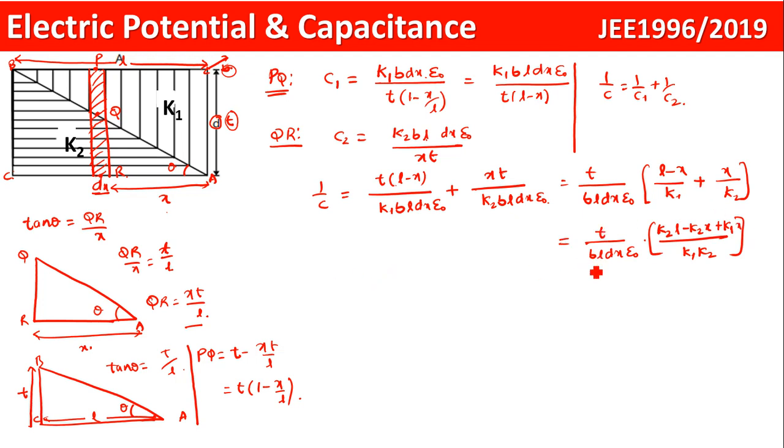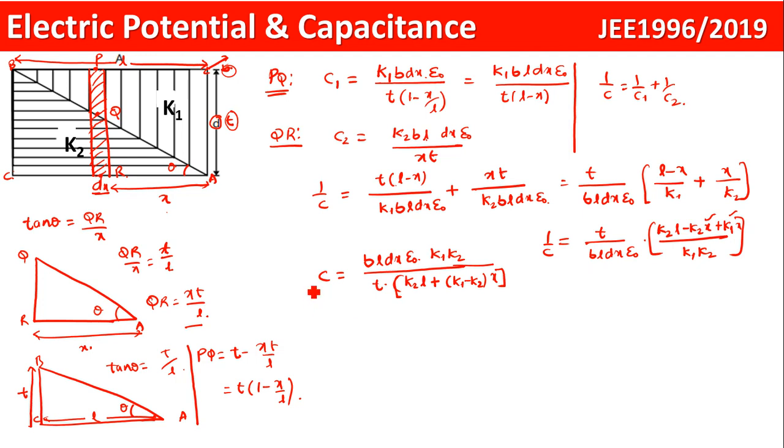Now see, if I write capacitance C instead of 1 by C, that will be equal to BL dx epsilon naught into K1 K2 divided by the thickness into this term. Let me take x common in both of them, so that will be K2L plus K1 minus K2 into x, isn't it? So I have just taken the reciprocal of it, that's it.